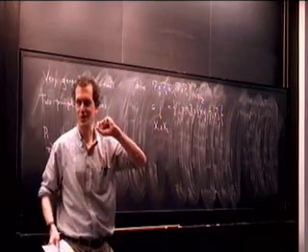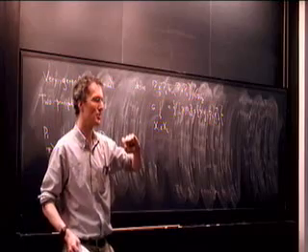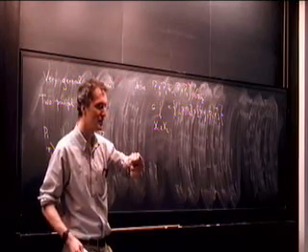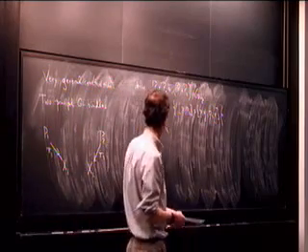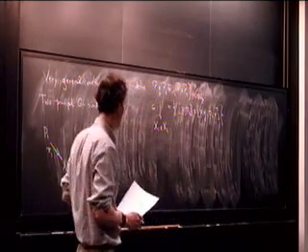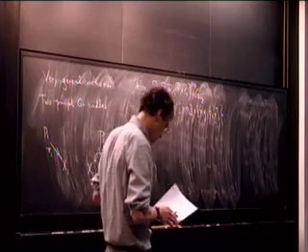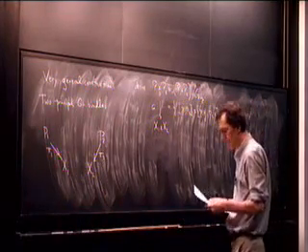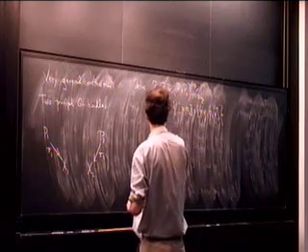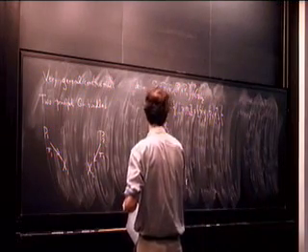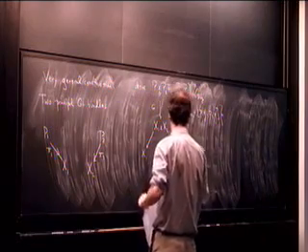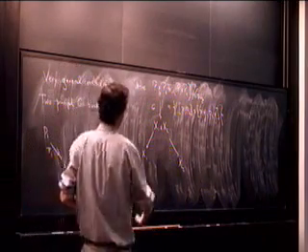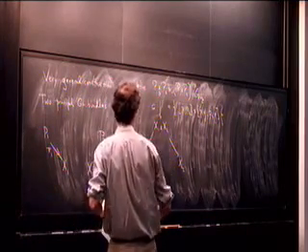But, subtle point, this is not a principal G bundle. The fiber is G, but it's not a principal G bundle. Now, I think I'll let you think about why the fiber is G. Okay. Now, we can certainly furthermore project down to x1 or x2 by just projecting onto the first or second factor.